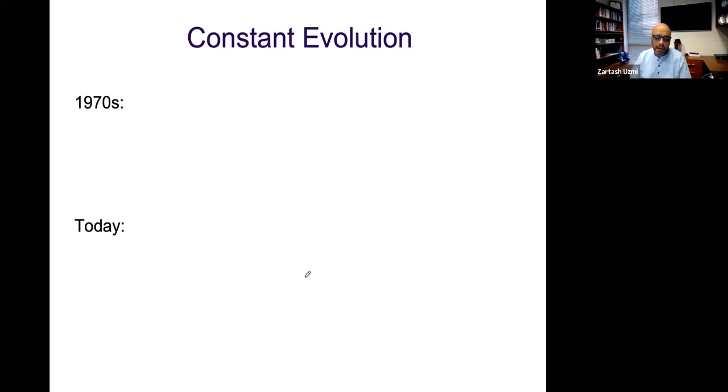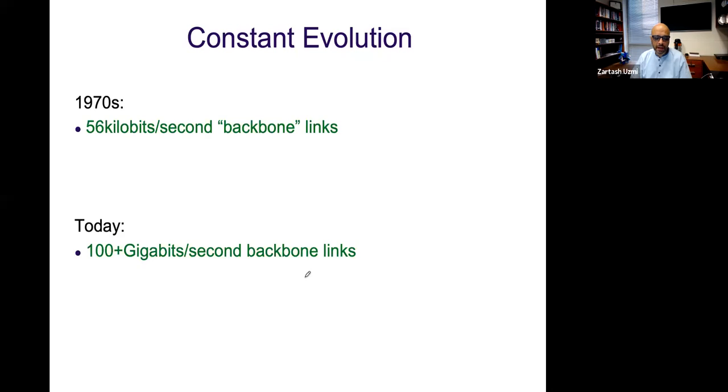So the internet has evolved constantly and at a very fast pace. The 1970s is 4 or 5 decades ago, not too long if you consider human history. From the 1970s to today, in 40-50 years, we have gone from 56 kilobit per second links, which we used to call backbone links, and we still call them backbone links, but those backbone links have now become 100 plus gigabits per second links.